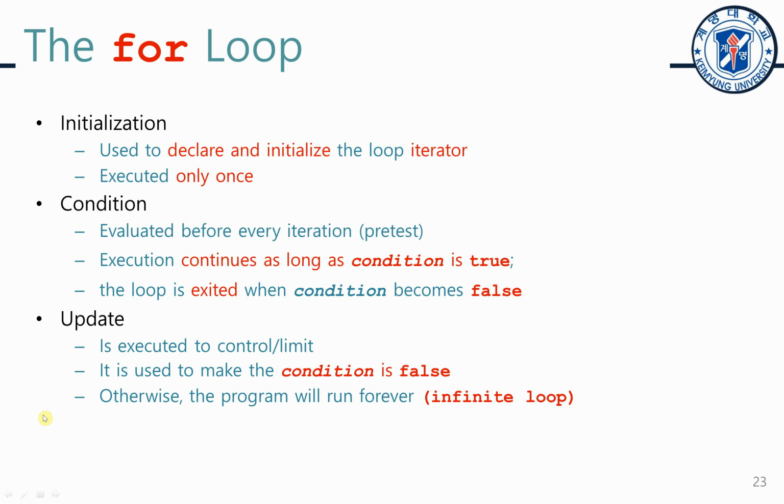The update helps us iterate over the statement, so it helps us control or limit the number of executions. It is used to make the condition false, so that we can prevent infinite looping.